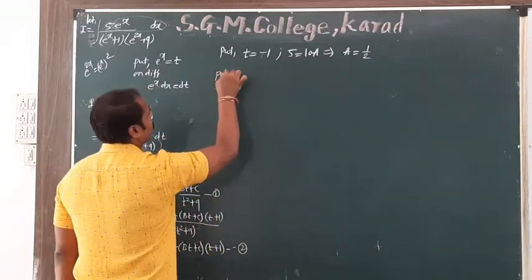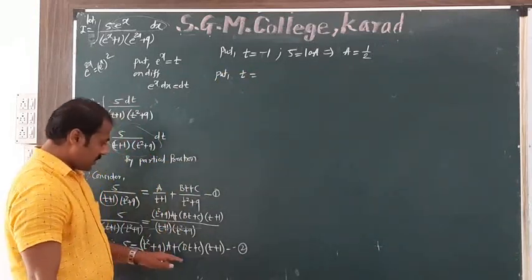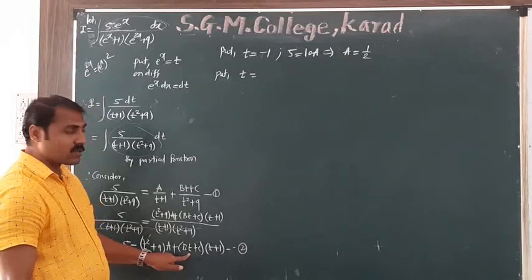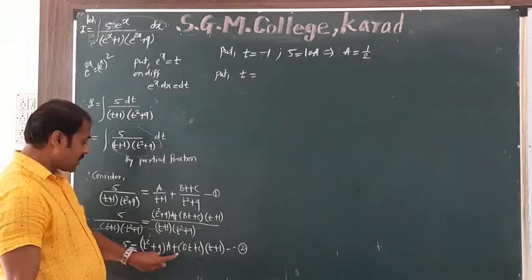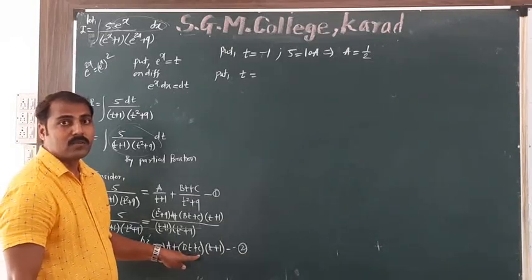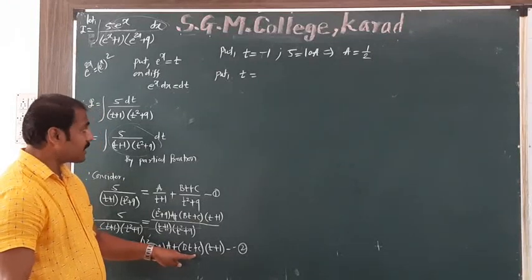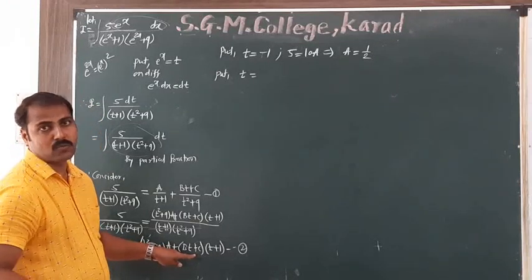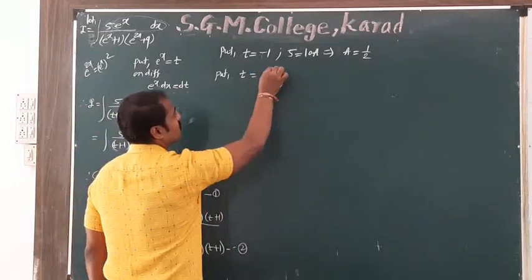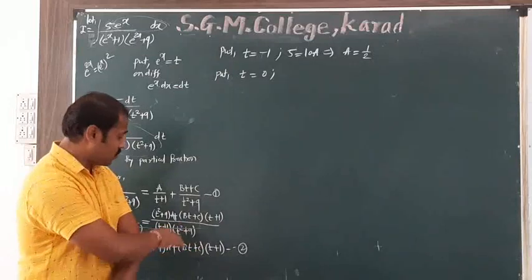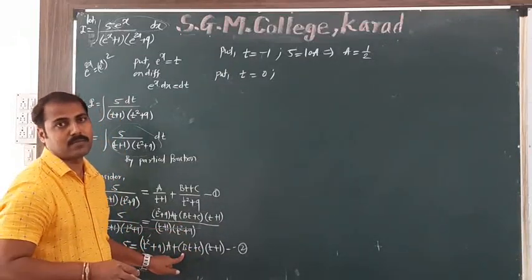Now for finding another value, put t is equal to 0, then b is eliminated. We get an equation in terms of a and c, in which the value of a is known, so we easily calculate the value of c. Why do we put t is equal to 0? Because here one constant is eliminated.